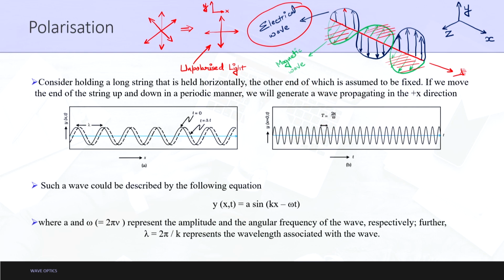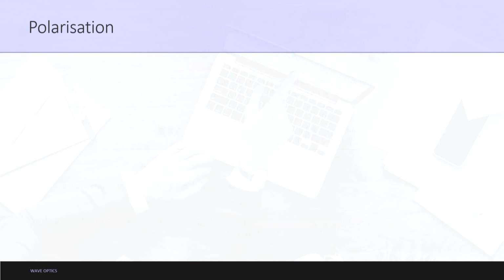So let me try to explain everything which I taught in the last lecture, in the last 5 to 7 minutes. So I was trying to explain this concept. Let us suppose this is the propagation direction, that is x.